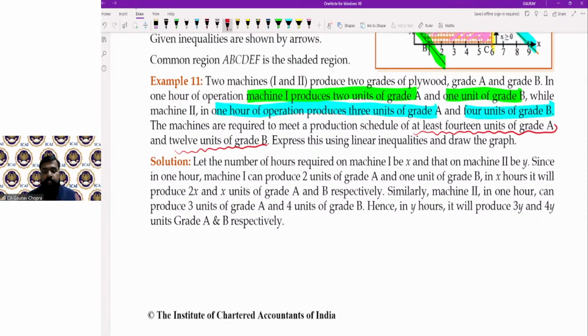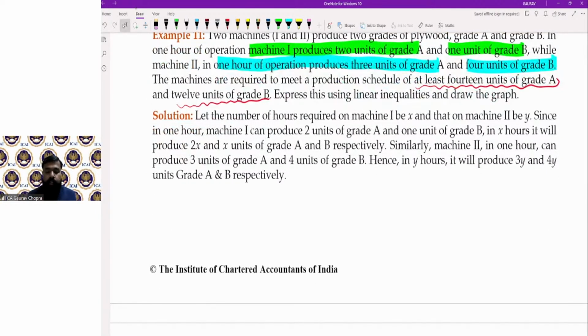Express this using linear inequalities. For that, we need to know how many hours we must work on machine 1 and machine 2, which we don't know. So let us assume the number of hours required for machine 1 be X and for machine 2 be Y. So in 1 hour, machine 1 can produce 2 units of grade A and 1 unit of grade B. In X hours, it will produce 2X and X units of grade A and B respectively.